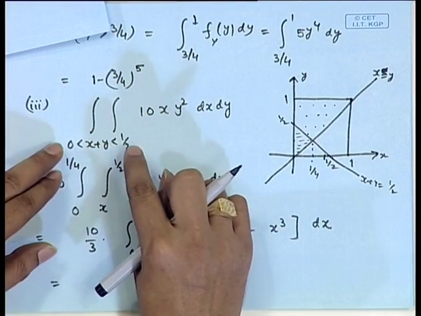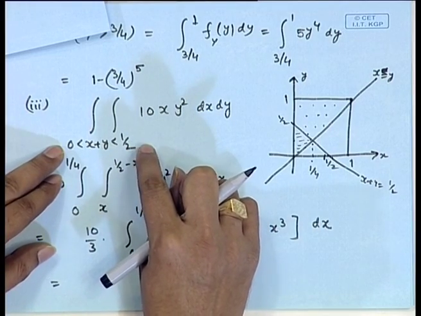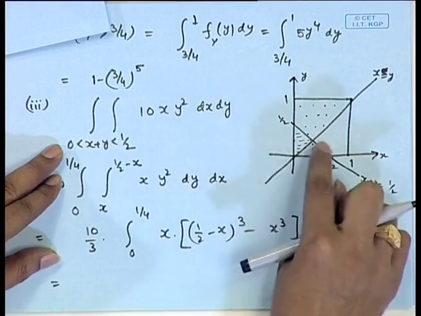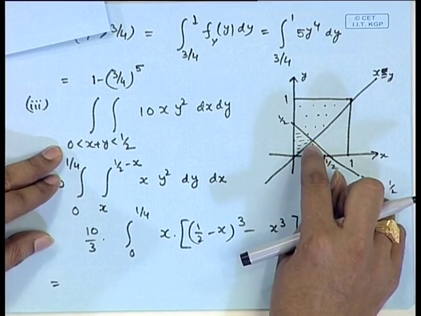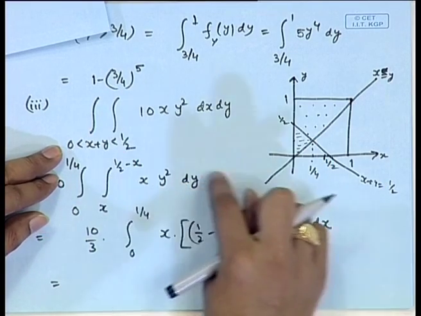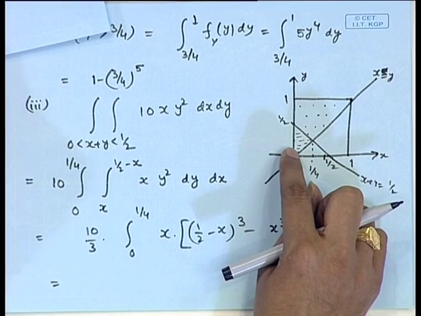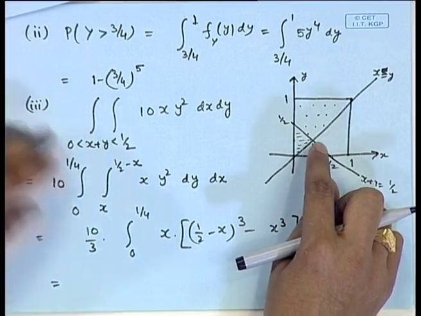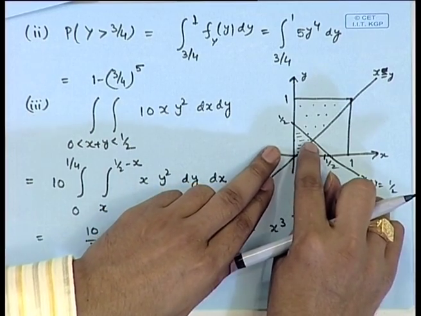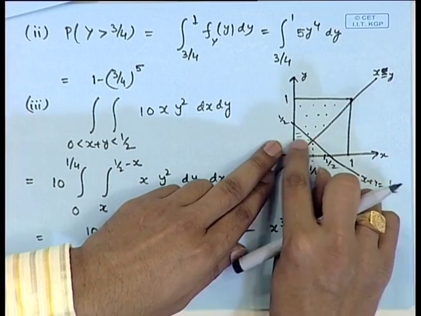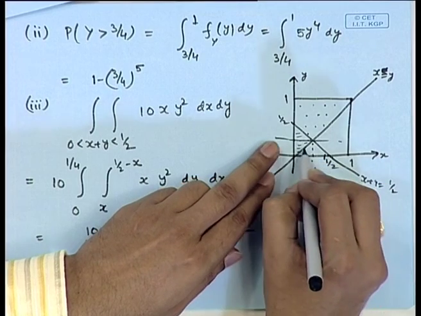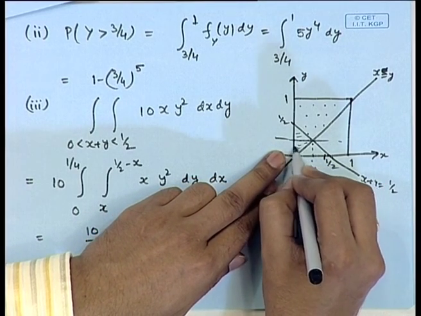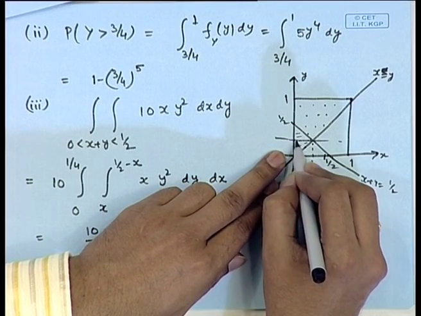Here you can observe that if we want to determine certain probability related to the joint distribution, we should determine the region of integration from the description of the distribution that is given. If we wanted to integrate in a reverse way, then firstly you split it into two portions. In this portion x is from 0 to y and y is from 0 to 1 by 4.